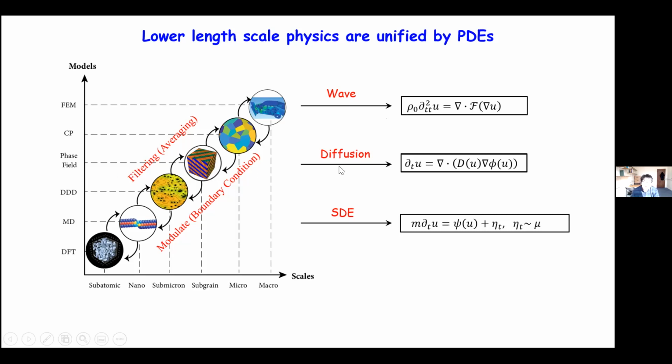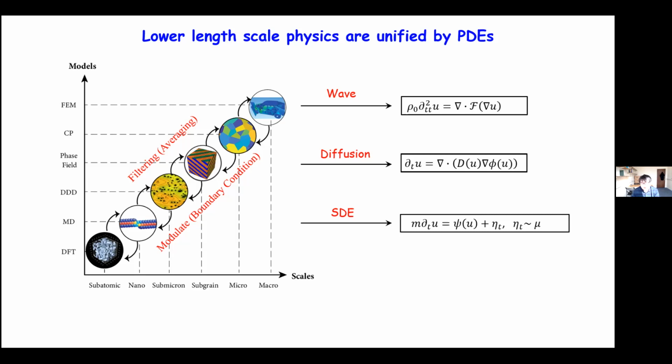For the phase field, we're trying to model the evolution of an interface, and that most of the time can be considered a diffusion type of equation, right? So we assume there is first order dynamics for the interface. And of course, for MD, when we get down to the bottom layer, things get more difficult, and we're sometimes dealing with stochastic differential equations.